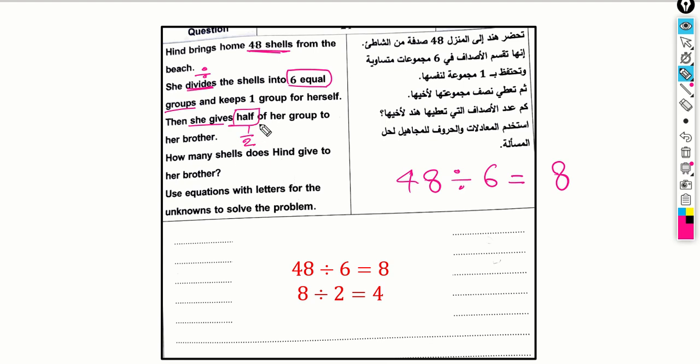If you have 1 dirham, you will divide 1 by 2. If you say half of 1 dirham, it means 1 divided by 2. So 8 divided by 2 will go to her brother. Okay, let's move on.